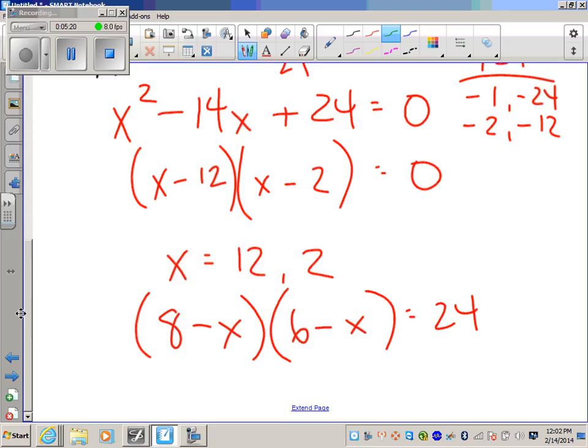If my photo is only 8 centimeters, can I take 12 off it? No. So that's not really a possibility. But the 2: 8 minus 2 is 6, 6 minus 2 is 4. Does that give me the 24 that we're looking for? Yeah. So our answer would be to reduce it by 2 centimeters.